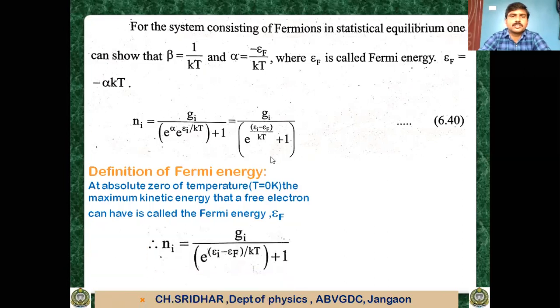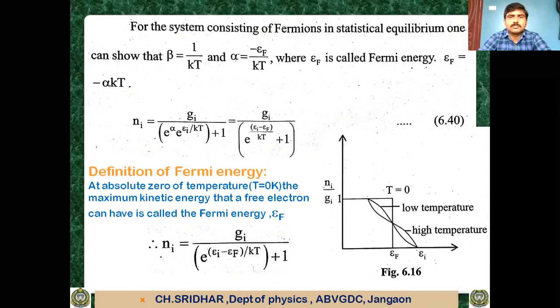If you substitute T equal to 0, you will get Ni is equal to Gi by e power Ei minus EF by kT plus 1. So what you get is e power minus infinity, and that is equal to 0.